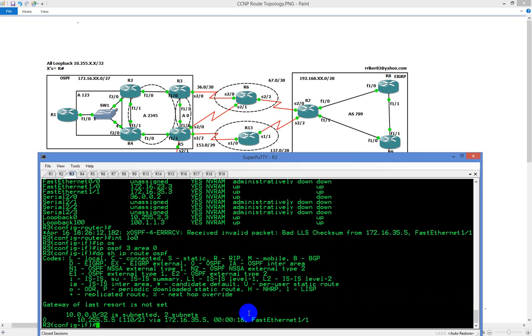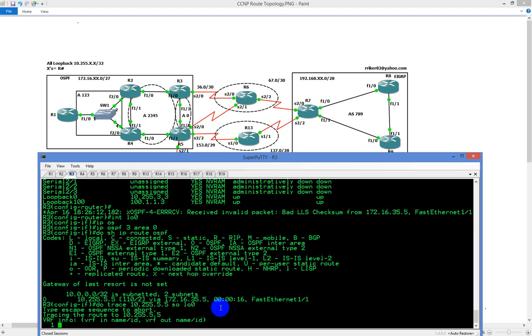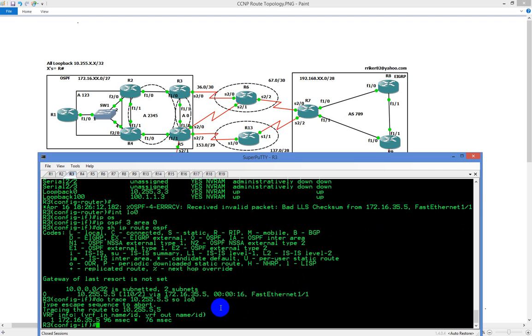I've learned one route from router 5, 10.255.5.5. So now if I do a trace to 10.255.5.5 and source it off of my loopback 0, because I advertised router 3's loopback into OSPF, I'm able to reach it. He knows how to get there.